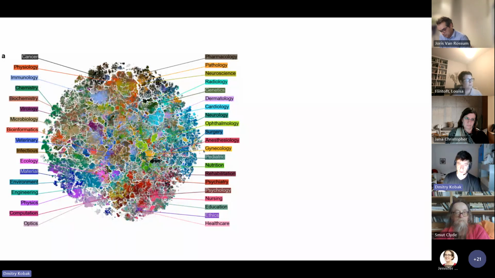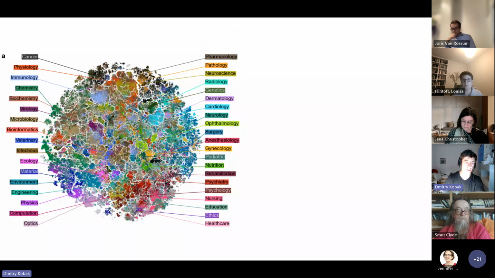Everything that is published in journals called the Journal of Gynecology, or the Annals of Gynecology, or the International Conference on Gynecology, everything published in venues like that gets the label gynecology, and so on, with all these different labels here. Stuff that is published in a journal called Nature is unlabeled, because Nature is not among these labels. It's gray, and we plot it behind all the colored points so that it doesn't interfere. You see some gray on top and on the bottom, and that's where the gray comes from.